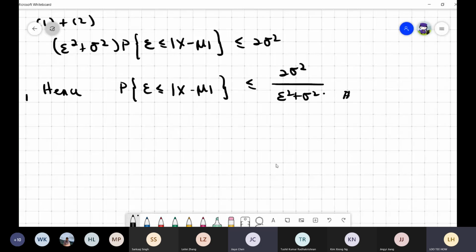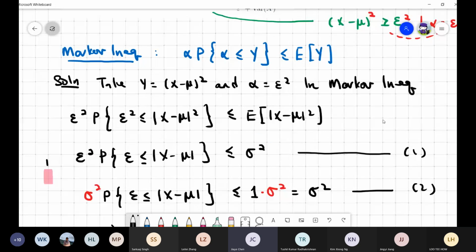Right. Again, since we are dealing with this Markov inequality, maybe let's proceed with question 11. Okay, let's come back to this once again. So this is our Markov inequality.